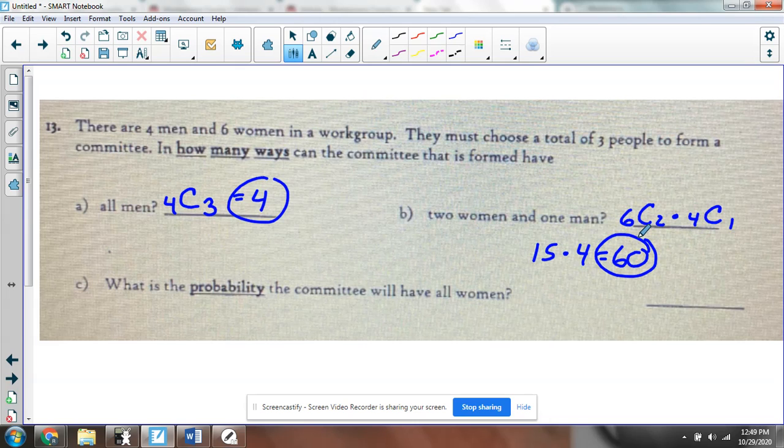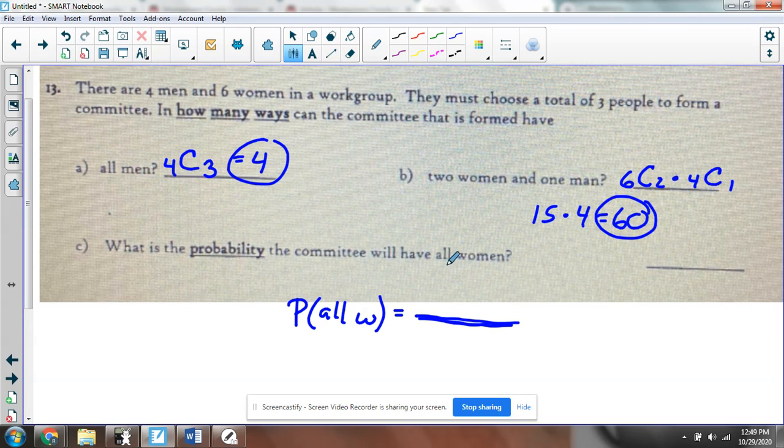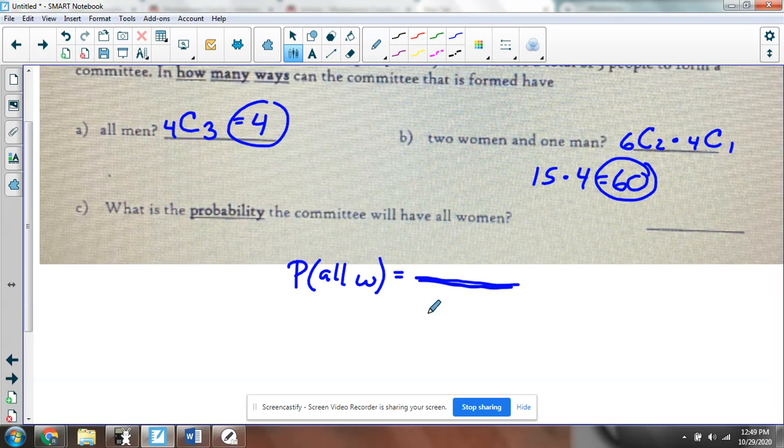What is the probability the committee will have all women? Well, the bottom is going to be the number of ways I can pick the committee. I'm picking 3 people from a group of 10. That's 10 choose 3, regardless of gender.